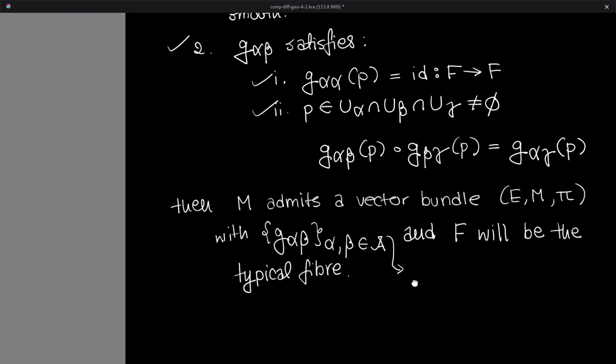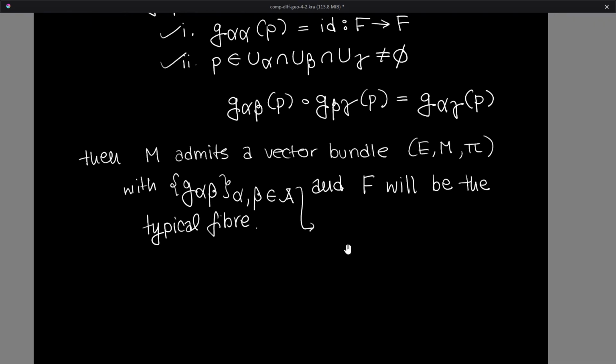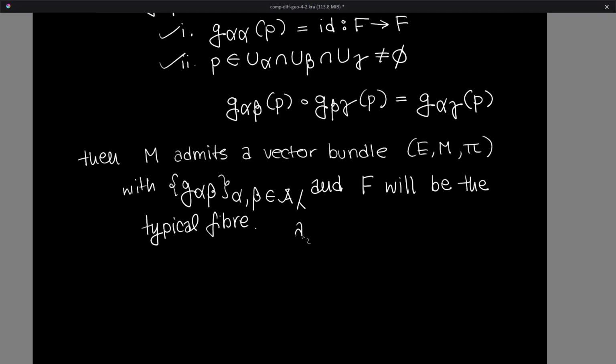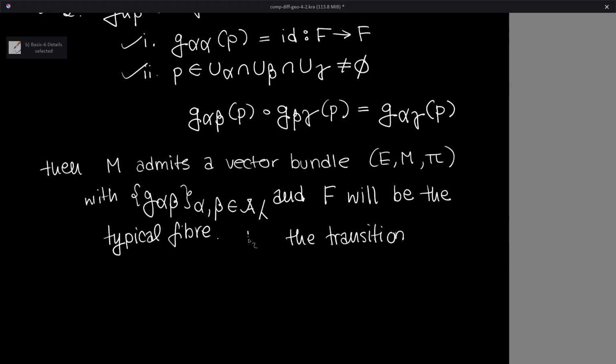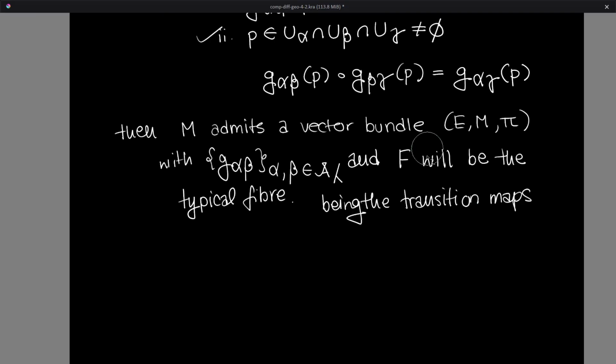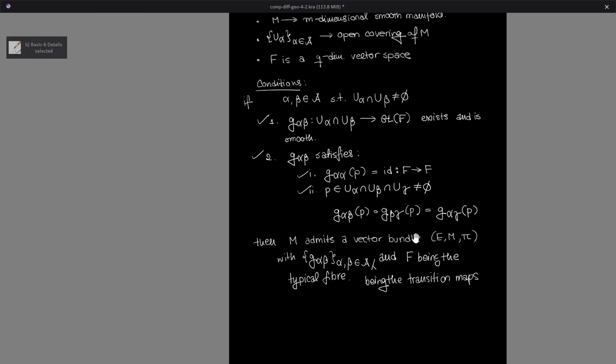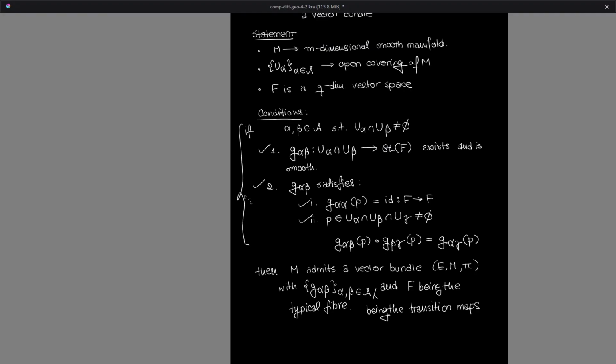These are the transition functions, transition maps, and F being the typical fiber. So that's the statement of the theorem: if we satisfy all of these conditions, then we're guaranteed to have this vector bundle.